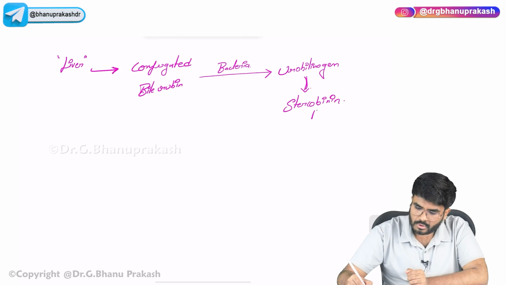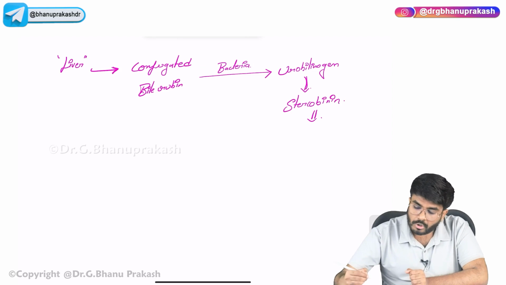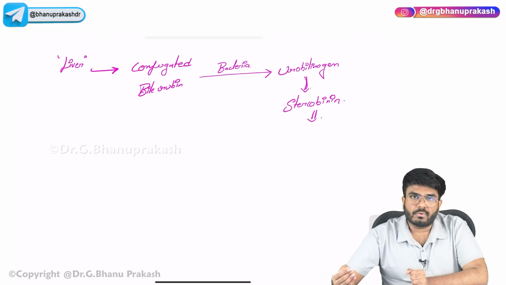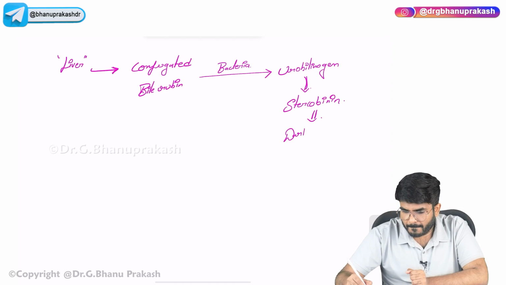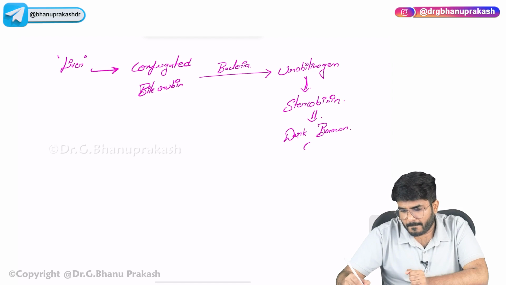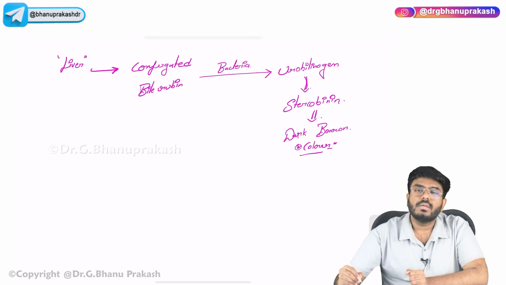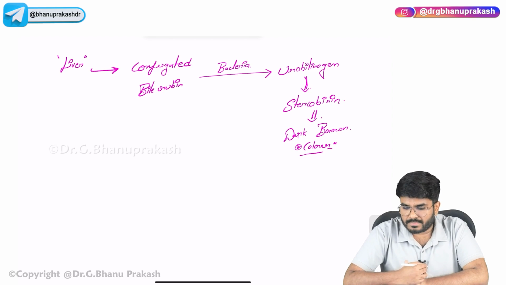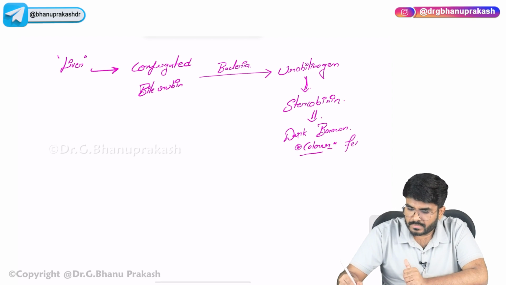Now this stercobilin comes out in the feces, and it is the one which causes the dark brown color. It gives color to the feces.